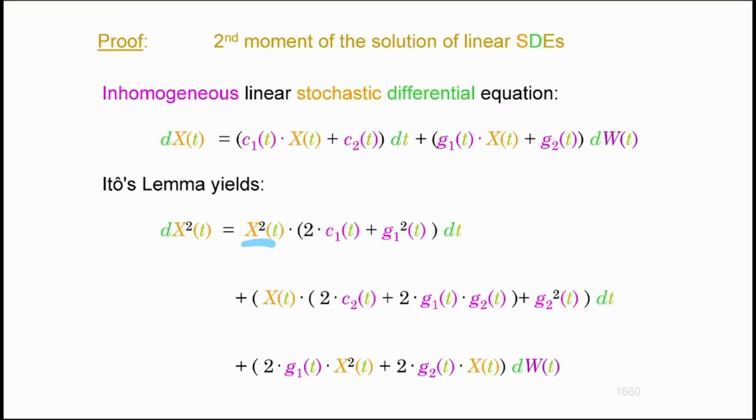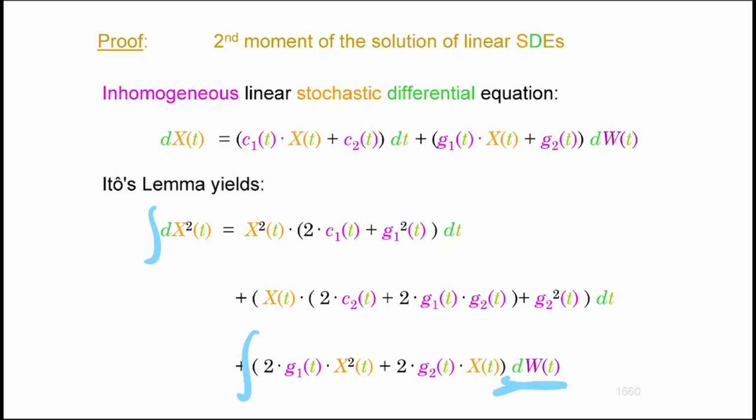So you got x squared times this thing, and then plus x times this thing. You got some x squares down here, but if you put first an integral and then the expectation operator on it, you find that this is going to be 0, because this turns into a Riemann-Stieltjes integral.